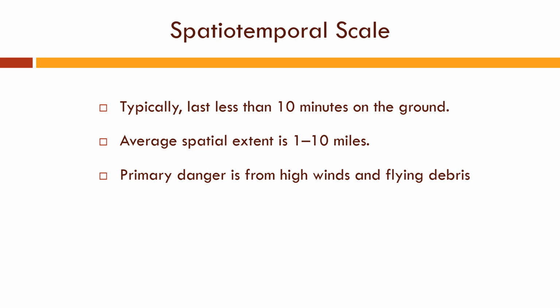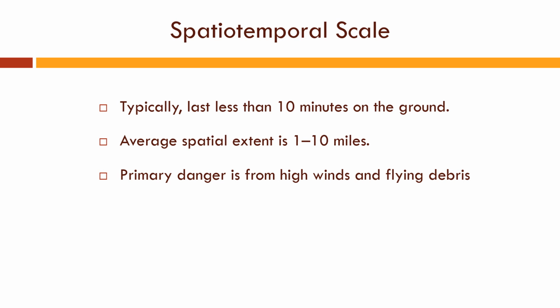Tornadoes are dangerous because of their strong winds and the destruction they can cause. Most of that destruction is due to flying debris. They can tear houses apart, but once those houses are torn apart and that stuff starts flying through the air, they can cause some even worse problems.